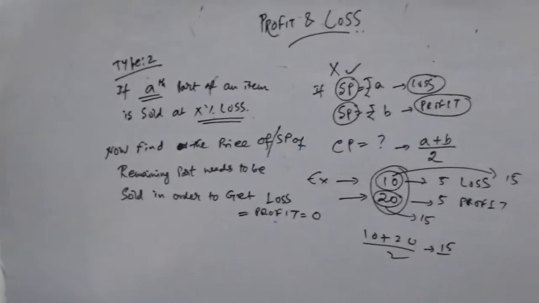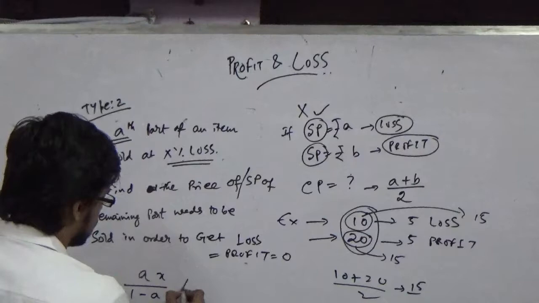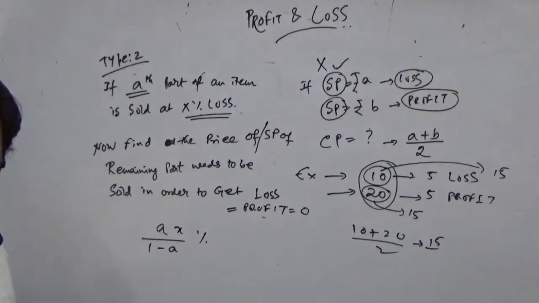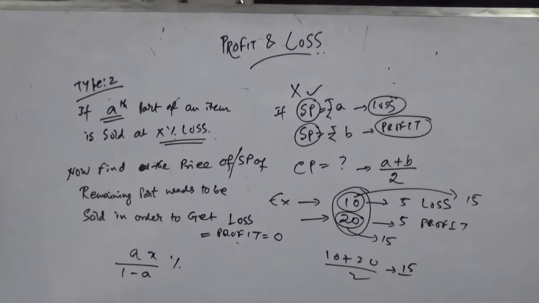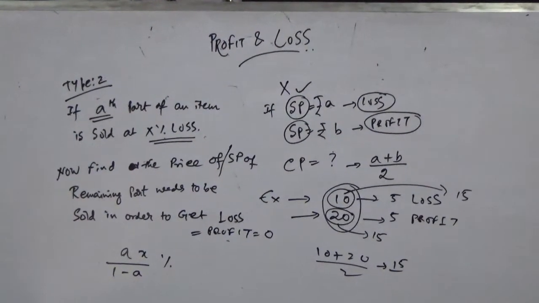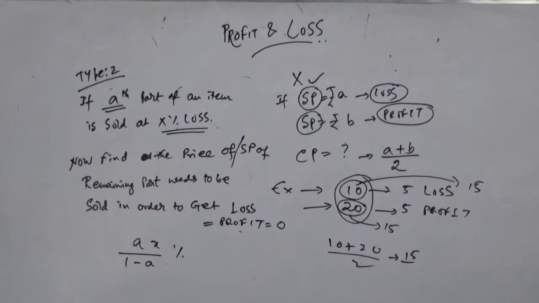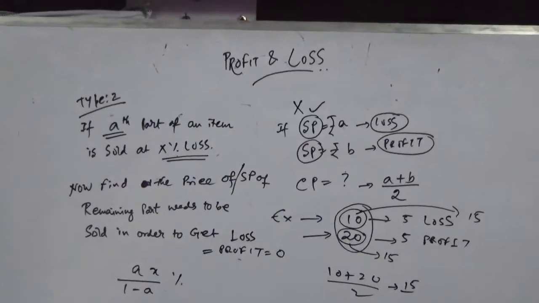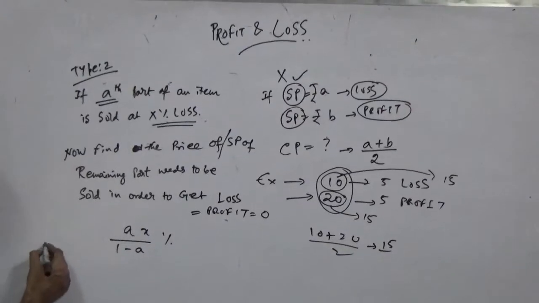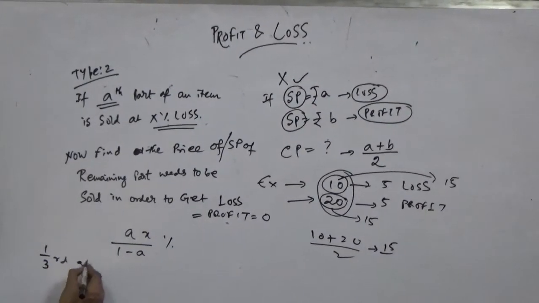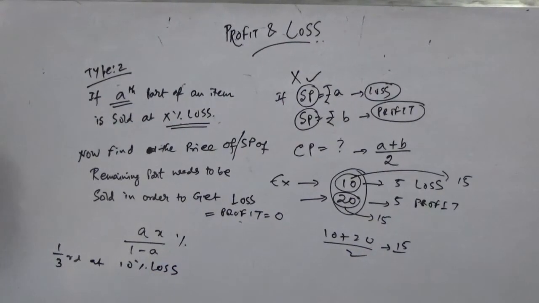For that also there is a simple formula, that is A into X percent divided by 1 minus A. So the required gain in selling the rest of the item, in order that there is neither profit nor loss, is obviously AX divided by 1 minus A. For example, you have sold 1/3 at 10% loss.